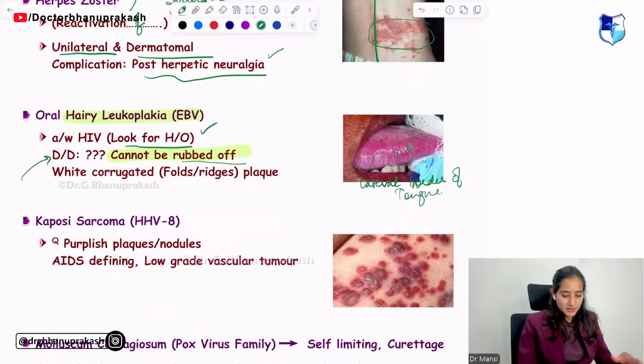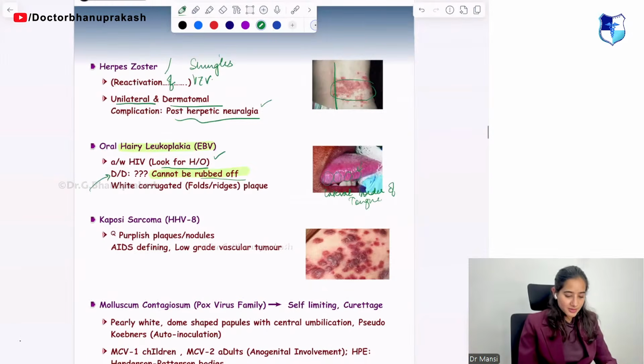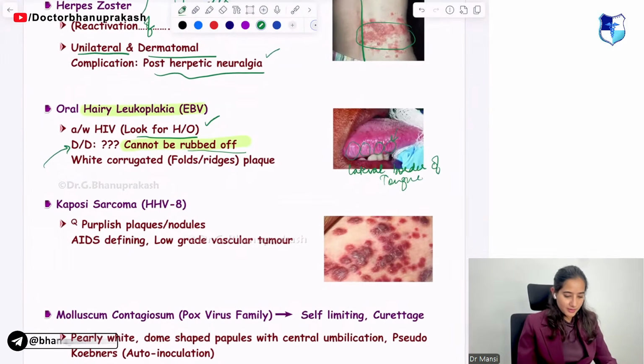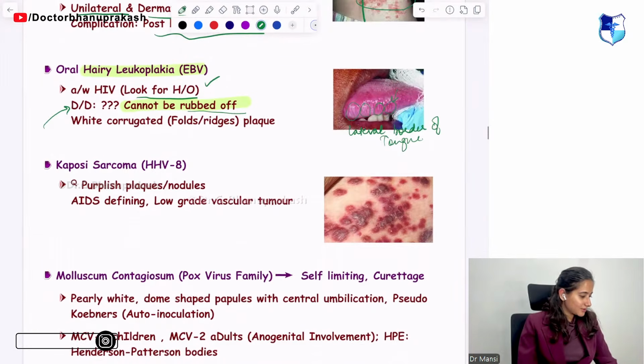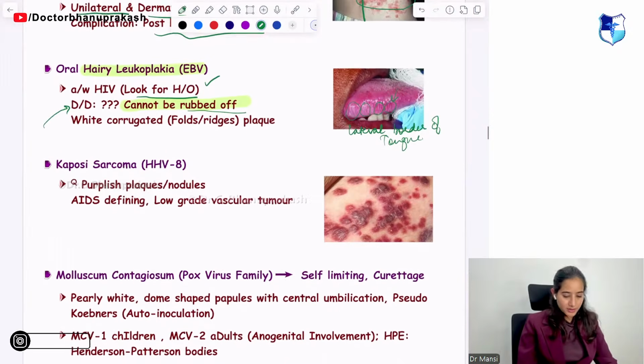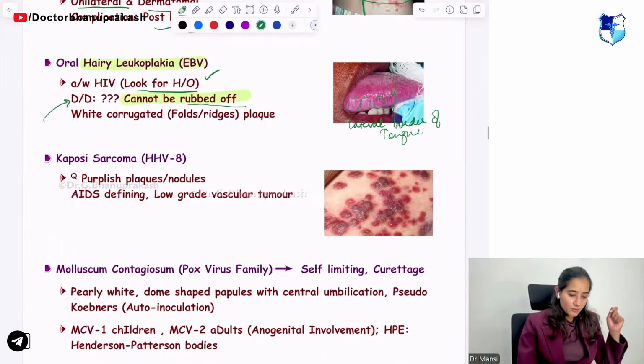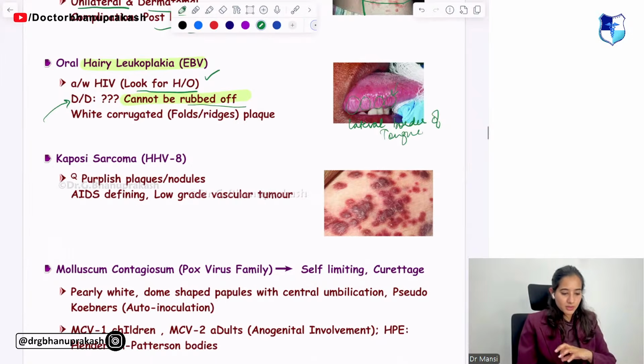If you knew the answer, good enough, but if you don't, just revise it one more time. Yes, Bharat, you're right, oral candidiasis. When we scrape it off, it can be rubbed off, while in oral hairy leukoplakia the white plaque cannot be rubbed off.